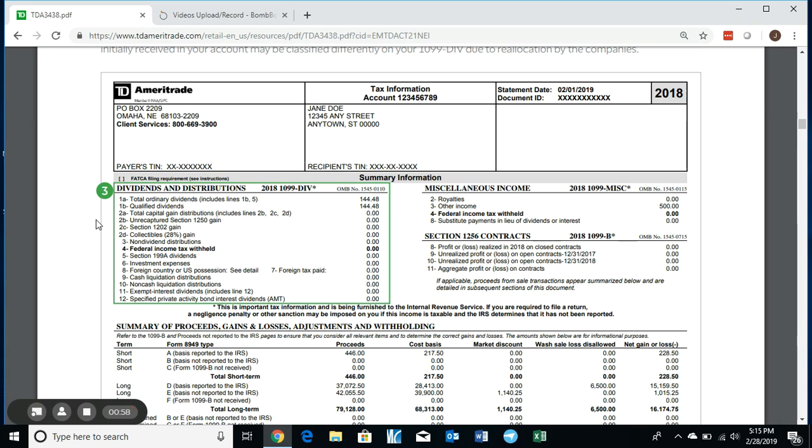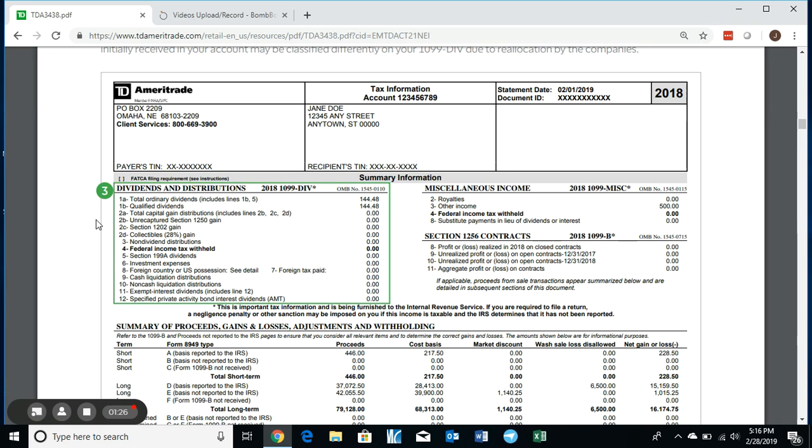This is the most common type of distribution, and they're paid out of earnings and profits of the issuer. This will also include line 5, which refers to a new addition in the tax law, the Section 199A dividends, which will qualify for different treatment. We'll get to those in a minute.